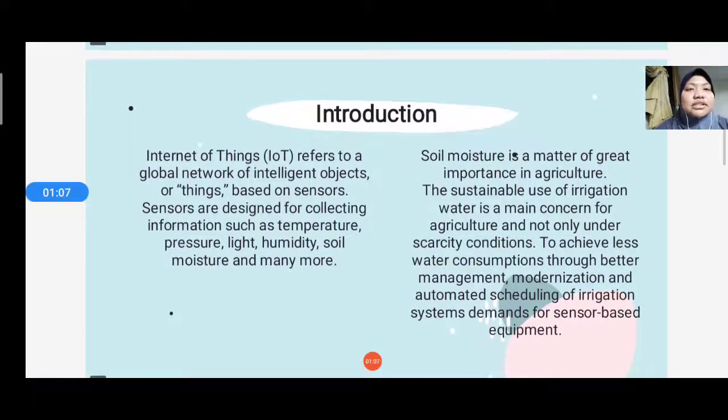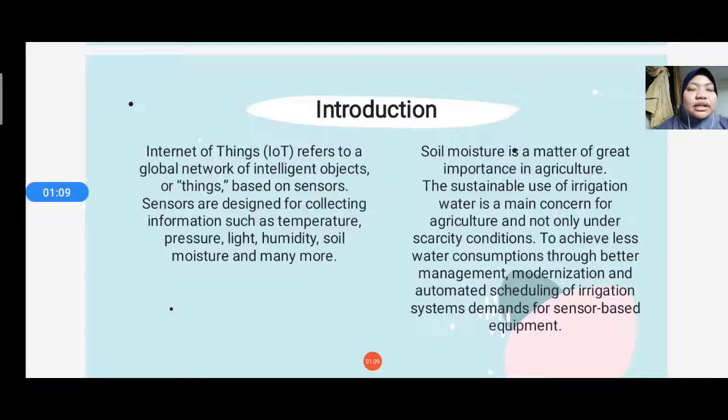Okay, for the introduction, IoT or Internet of Things refers to a global network of intelligent objects or things based on sensors. Sensors are designed for collecting information such as temperature, pressure, light, humidity, soil moisture, and many more.